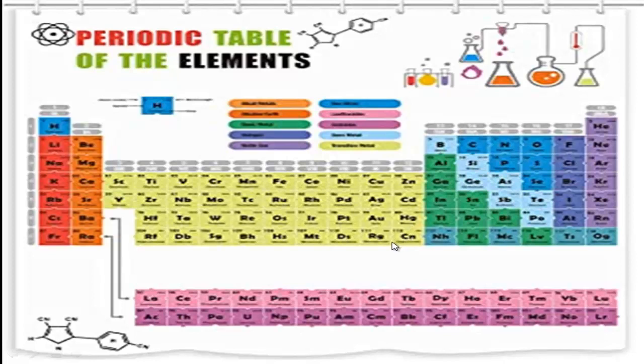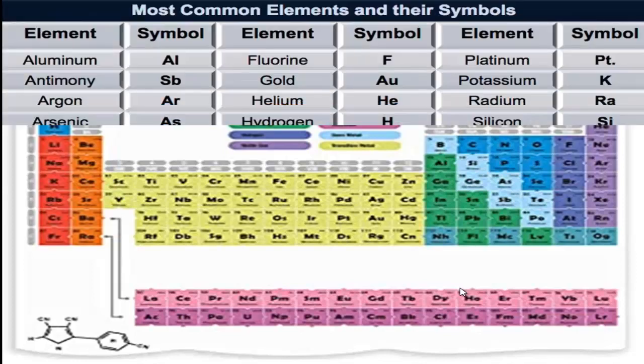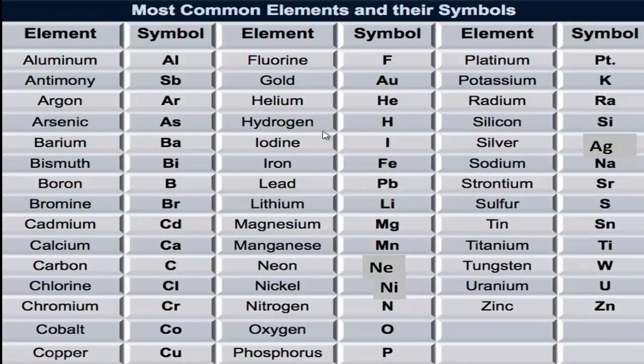So now we will know about symbol, and we will also memorize symbols of some elements. Not all are needed now in these classes. So today we will know about symbols of some elements.